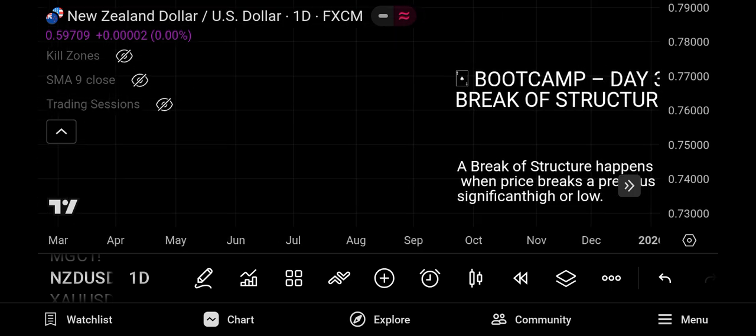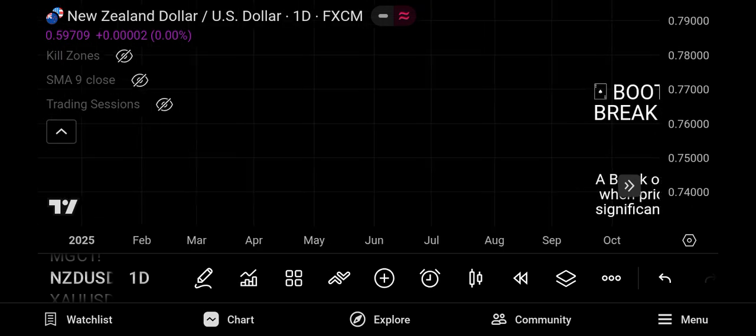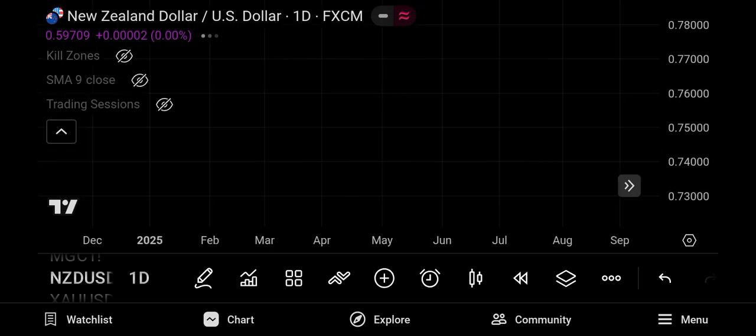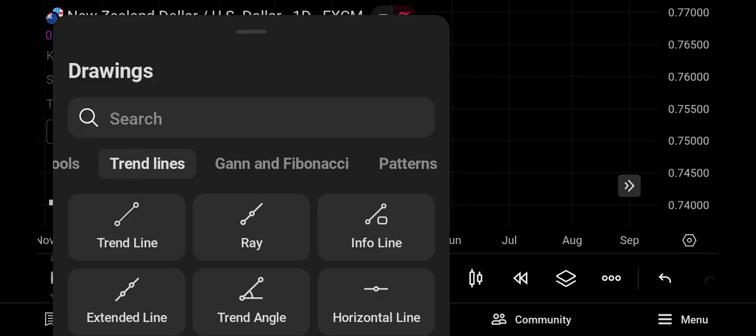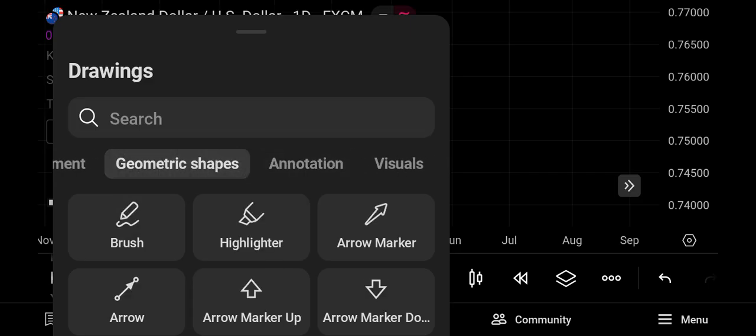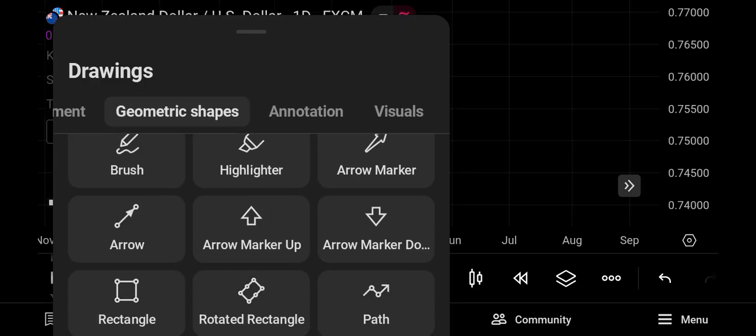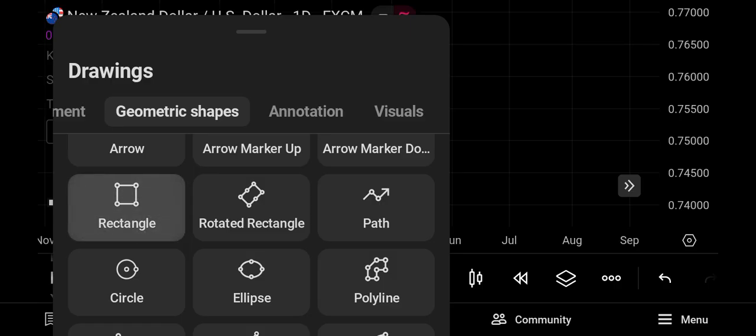But before we get into the break of structure, I need to illustrate what we are supposed to be looking out for. I was supposed to do this earlier in day one, but I forgot. So in trading, we basically have candles. What's a candle?